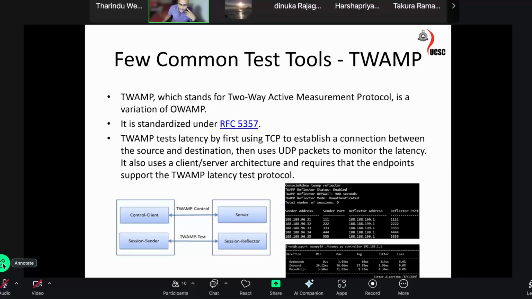Initially, the control between client and server is built over TCP. Then the two-way latency is measured using UDP. There are certain applications where we need to use this tool to do a baseline test or an application readiness test. It is quite useful for getting exact numbers when measuring the application on both the server and the client.